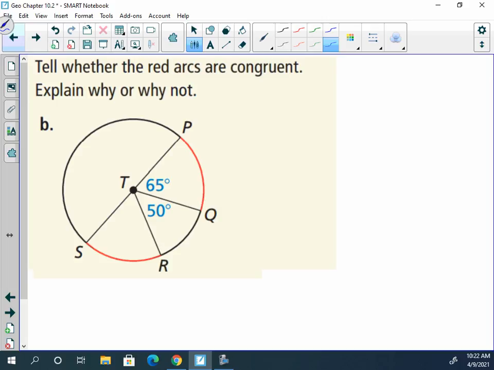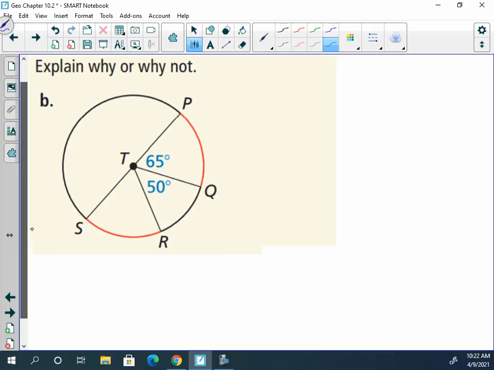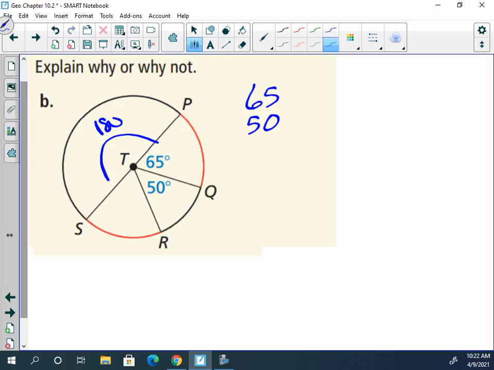Now, what do I know about the line SP? It's the diameter because it goes all the way across and goes through the center. Since T is the center of the circle, it is the diameter, which means the other one is 180, yes? So if I add 65 and 50, I get 115.